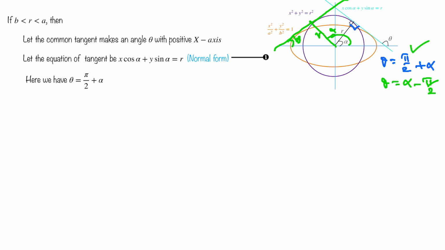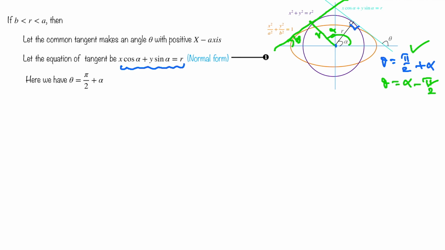Now this line x cos alpha plus y sin alpha equal to r will obviously be tangent to the circle x square plus y square equal to r square, because the distance from the center to this line is r, which is exactly the radius of the circle. So this line must be touching the circle.